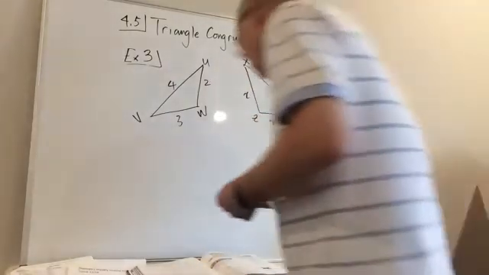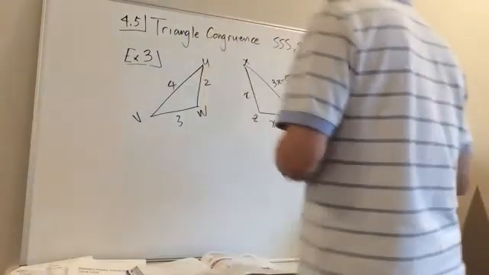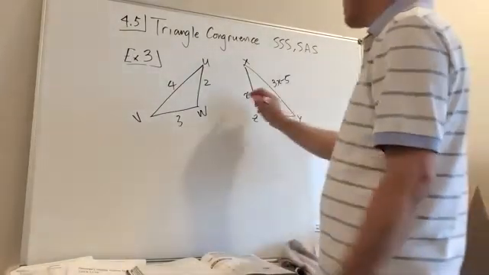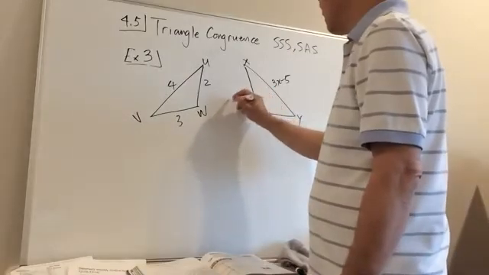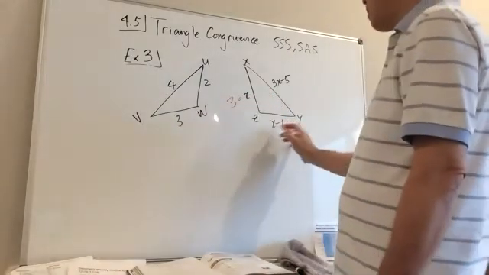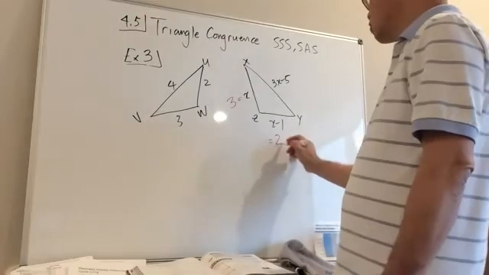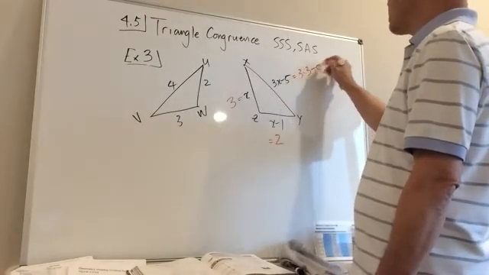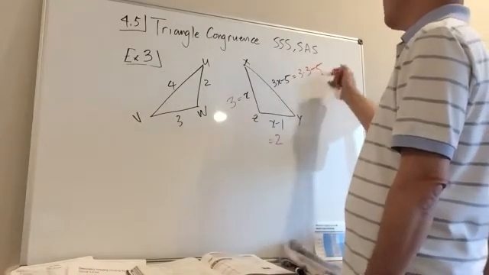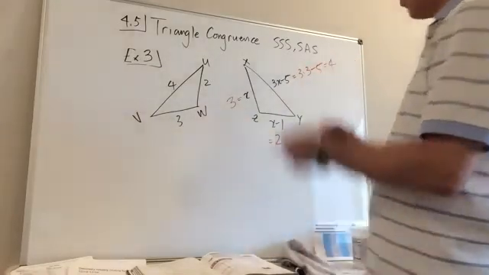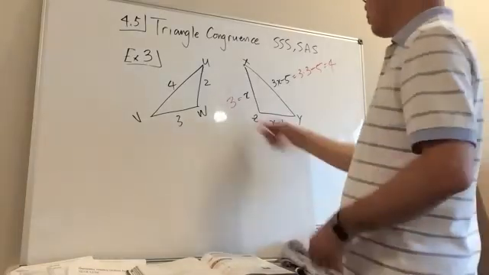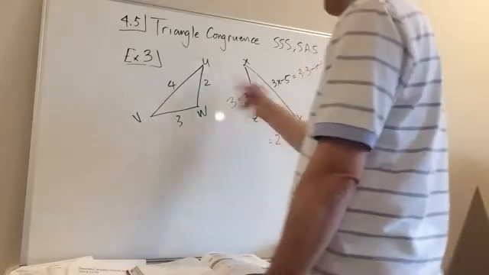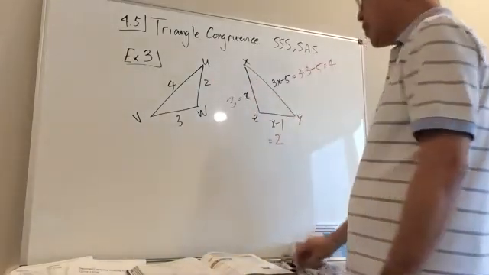Okay, and we are told that x is equal to 3. Since x is equal to 3, I can find out what this is. 3 minus 1 is going to be equal to 2. Over here, I'm going to have 3 times 3 minus 5, so 9 minus 5, it's going to be 4. So I have 3 sides, 2, 3, 4. Therefore, these two triangles are congruent.